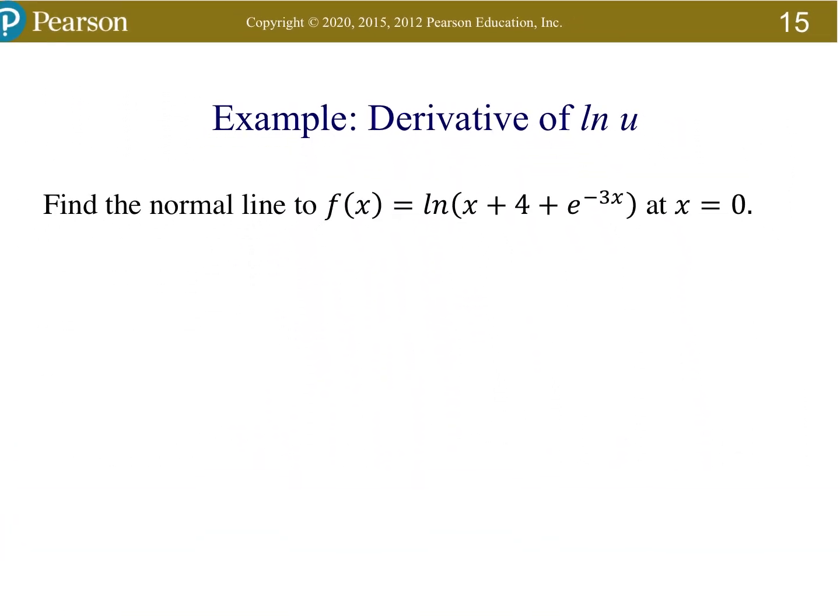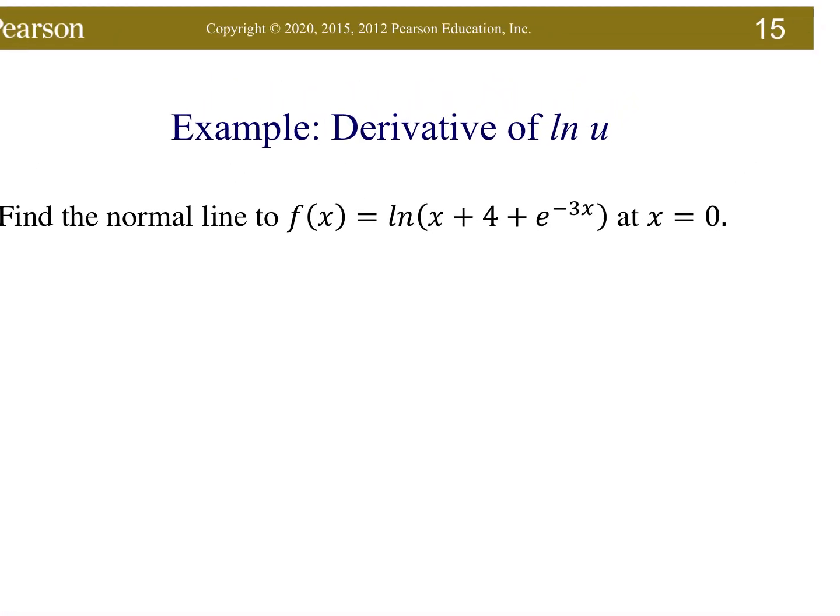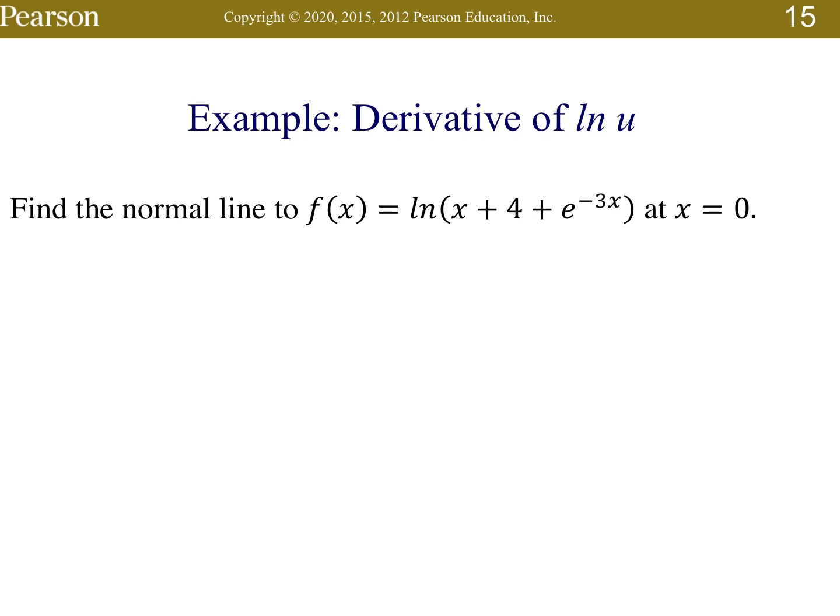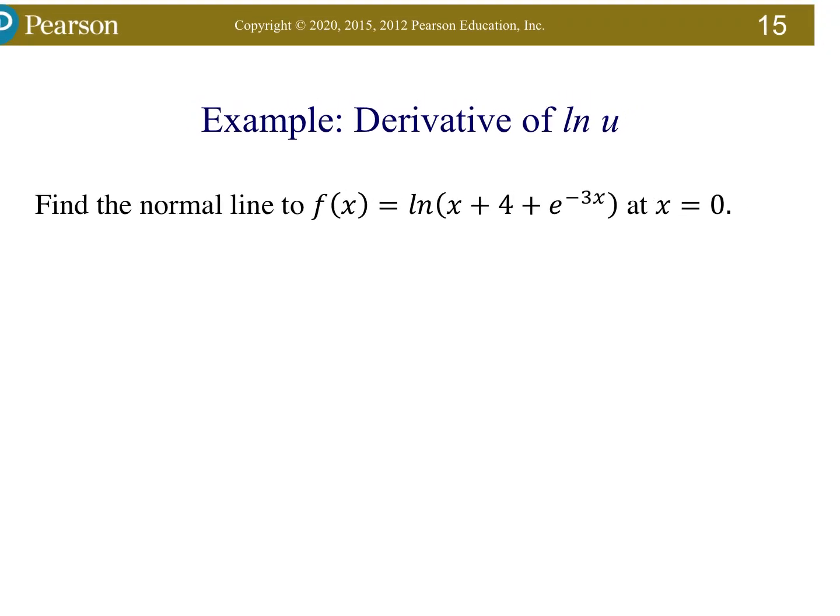All right, this is our last example for today. Find the normal line. So again, we're just going to be using the same strategies with a new derivative. If we're finding the normal line, we would want to know what the point is that we're working with. We need to figure out the derivative.